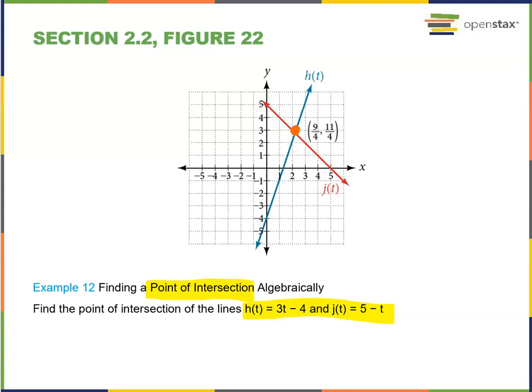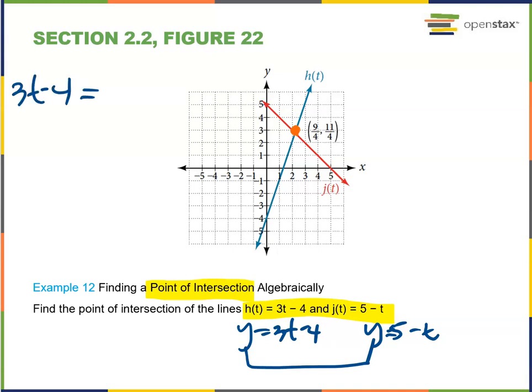So we know that this is y equals 3t minus 4 and this one is y equals 5 minus t. Since they are both y, we can make them equal to each other. So 3t minus 4 equals 5 minus t. And here we can solve for t.